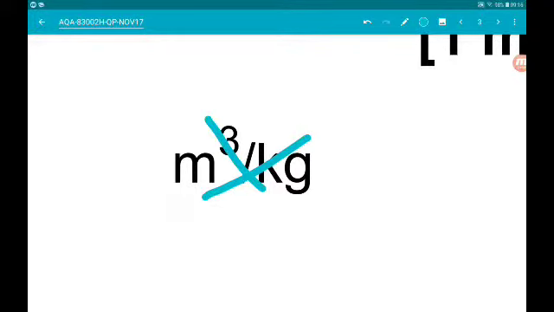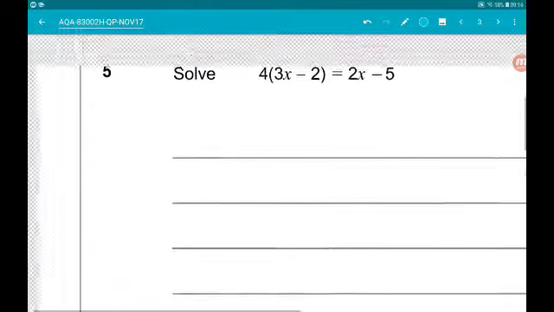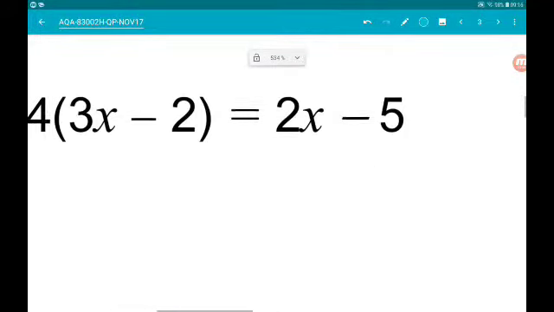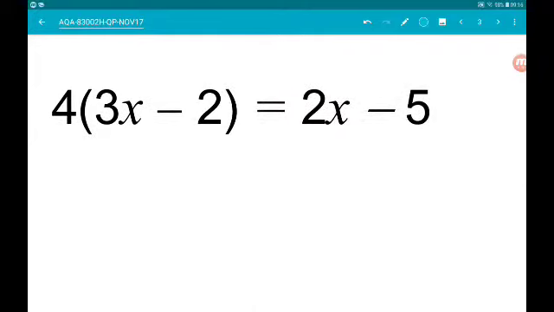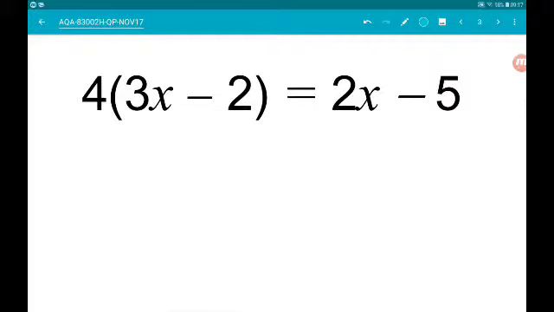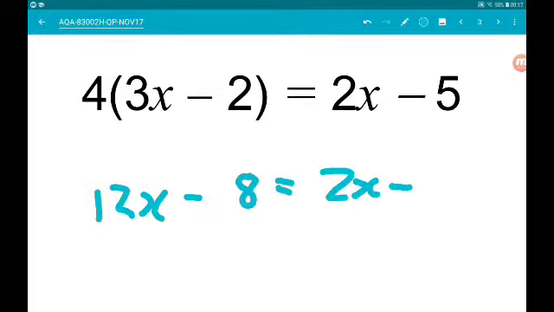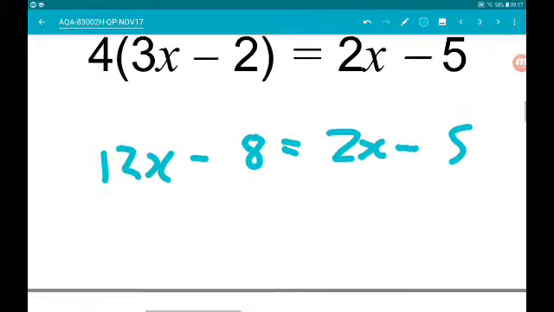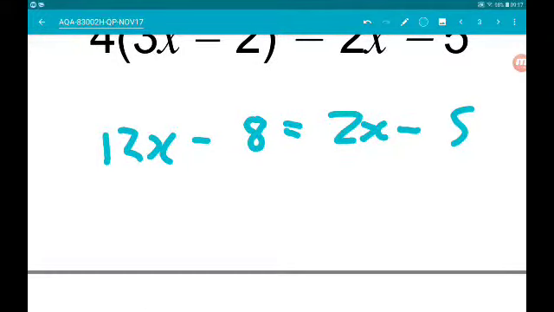And then the last one, it would be volume over mass. So, no good. Okay, question 5 wants us to solve 4 lots of 3x minus 2 is equal to 2x minus 5. So, expand the brackets, we're going to get 12x minus 8 is equal to 2x minus 5. Now we want to get the x's on the same side, so let's subtract 2x.